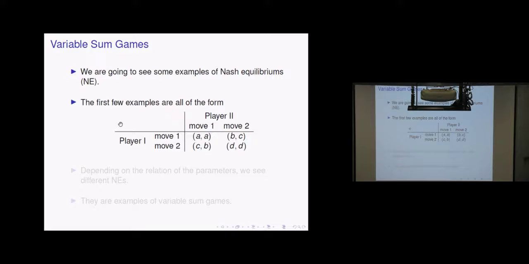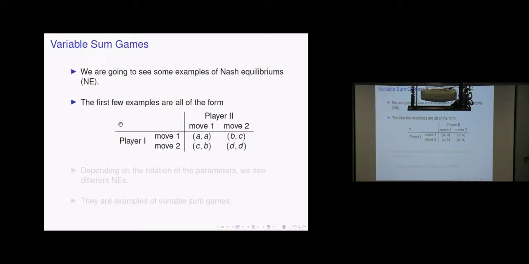If both of them play move 1, they get A, A. If both of them play move 2, the payoff is the same, D and D. However, if one person makes move 1 and the other makes move 2, you get the variation B, C or C, B. These A, B, C, D are numbers.